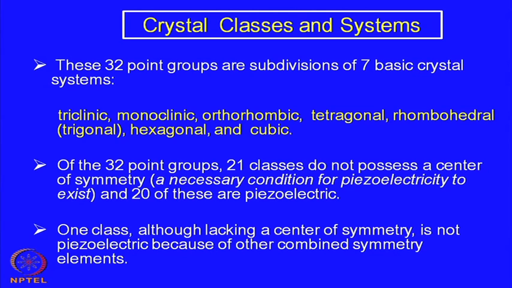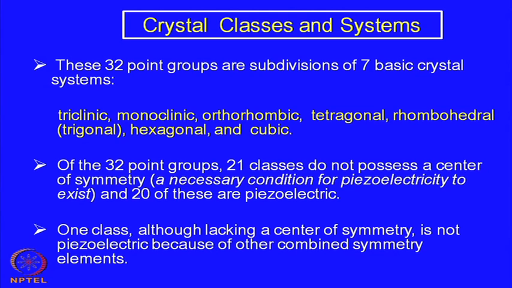21 crystal classes do not possess the center of symmetry. One of the operations for finding out the symmetry of a geometry is the center of symmetry. Okay, the crystal classes have been generated in different ways.